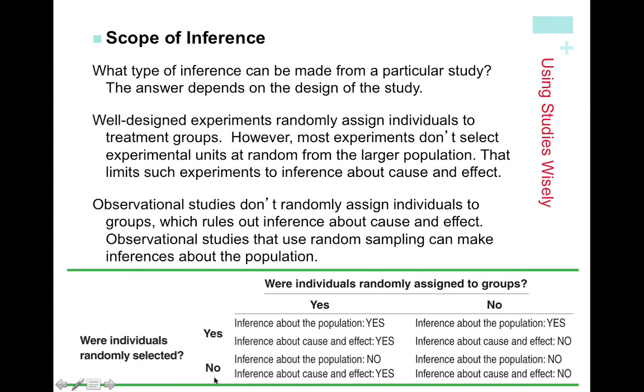If the individuals are not randomly selected, but they were randomly assigned to groups, you cannot make inference about the population, but you can make inference about cause and effect. It just only applies to that particular group. And then if both are no, then you can't make any inference about the population nor make any inference about cause and effect.